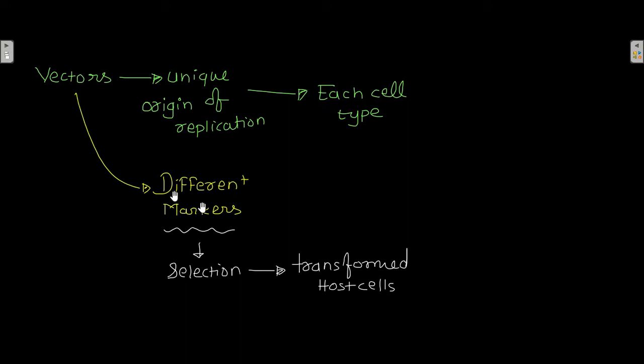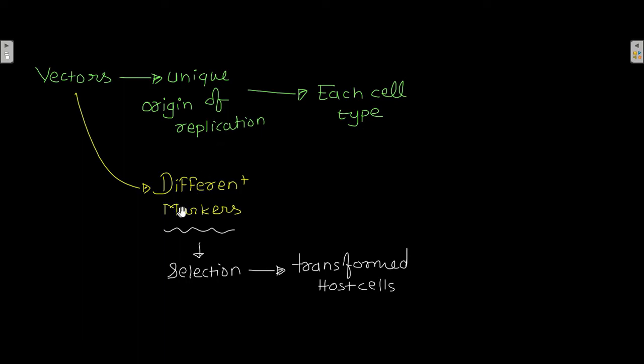Now, these yeast vectors have a unique origin of replication for each type of cell. We discussed that these vectors are maintained in E. coli as well as in S. cerevisiae. So for E. coli, the vector has a particular origin of replication, and for S. cerevisiae, it has a different origin of replication.